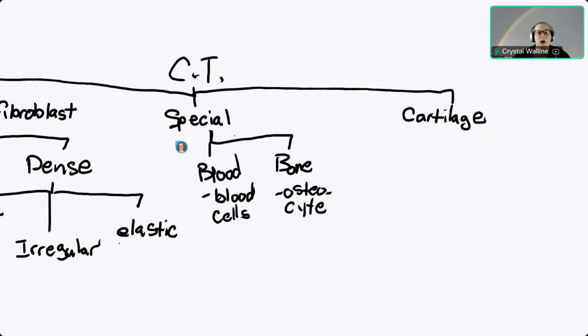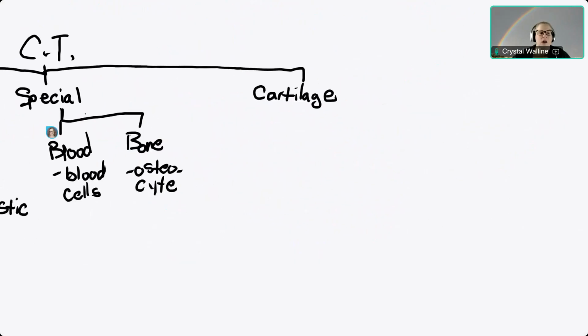All right, last but not least, let's talk about our three subcategories of cartilage. Firstly, we have a type of cartilage called hyaline cartilage.